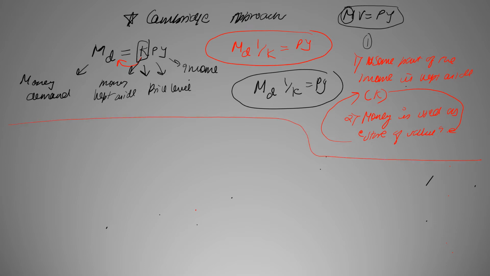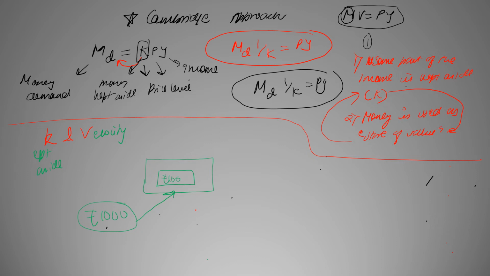Now let's talk about relation between K and V. As you remember, V was velocity and K is kept aside, right? So if you pay much attention to it, suppose this is, for example, your locker, and you just decided that you're going to save this 100 rupees from your income of say 1000 rupees. This was your income, which is Y, and you decided to keep this K part aside.